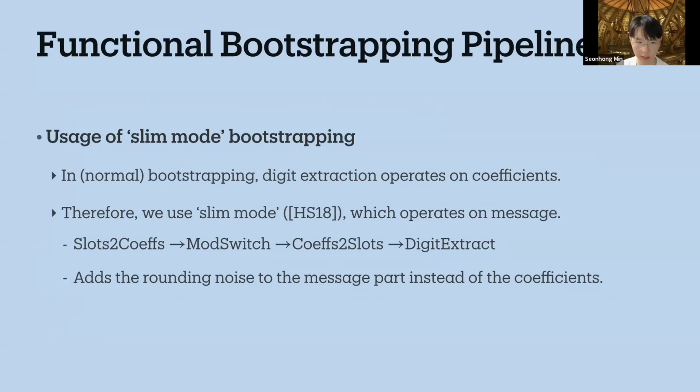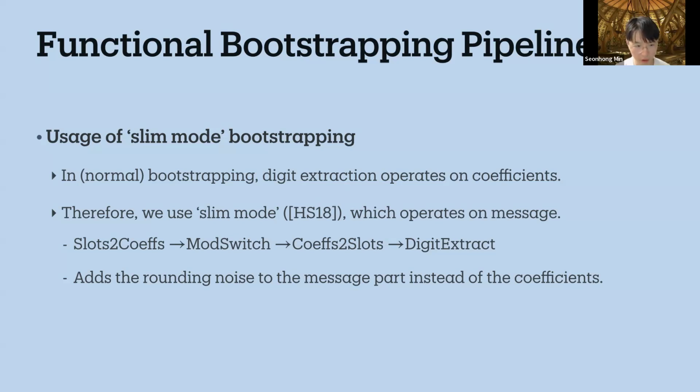Firstly, I want to remark that we will use a slim mode bootstrapping. In normal bootstrapping, digit extraction operates on coefficients, as I said earlier. So we have to use slim mode, which operates on the message to get rid of the noise part and evaluate the LUT over the messages.